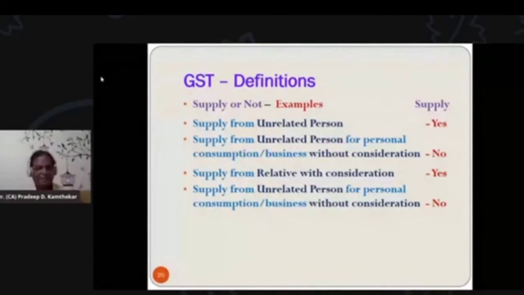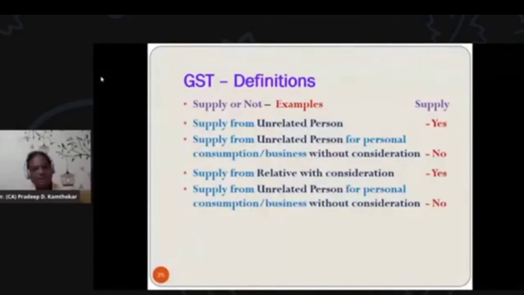For example, suppose I am giving my car of rupees 10 lakhs to my friend, and I am telling GST authorities that I have given this car to my friend and I have not collected a single rupee from him.